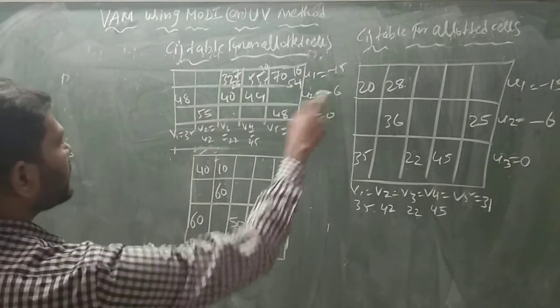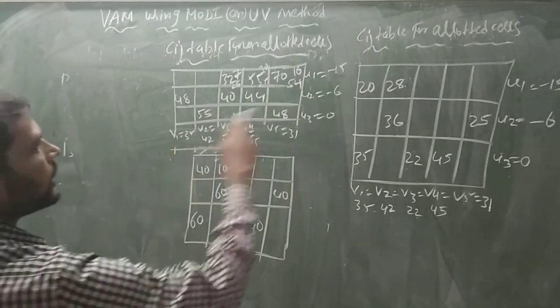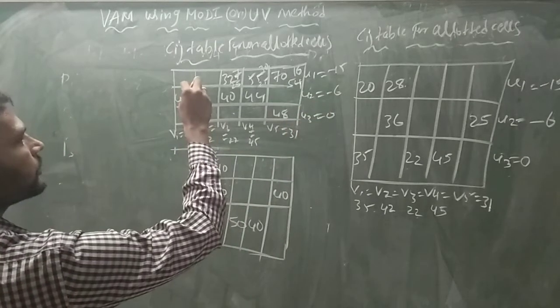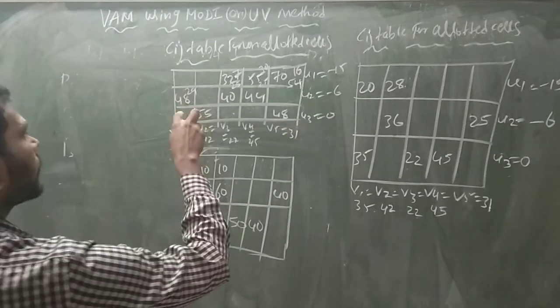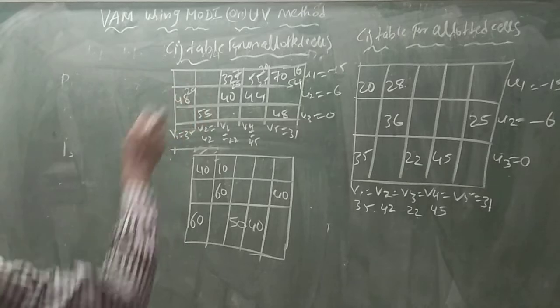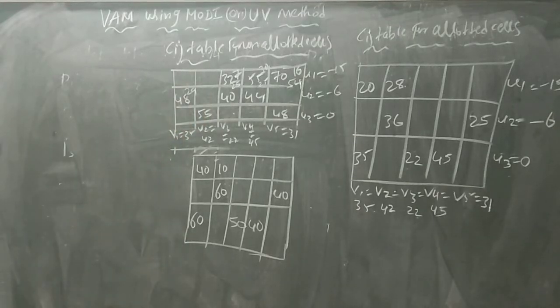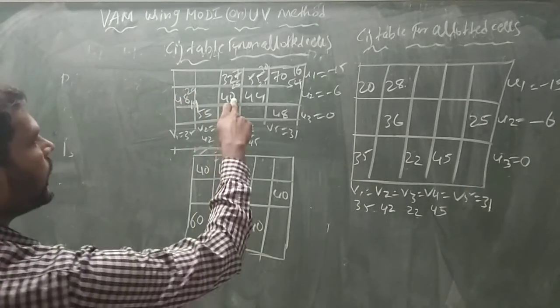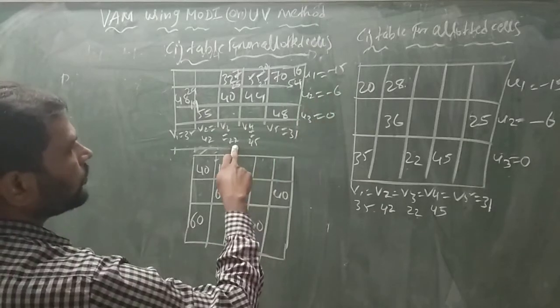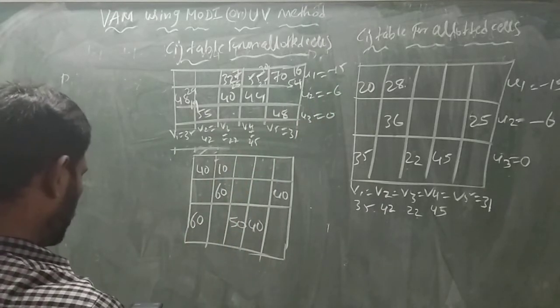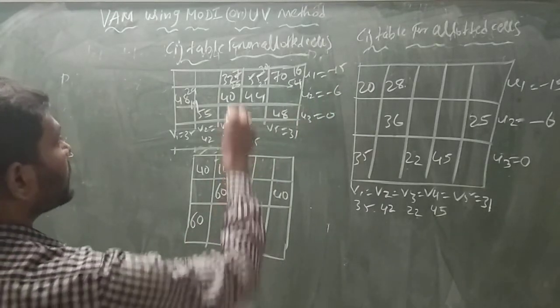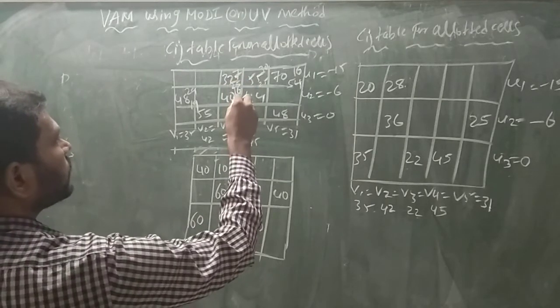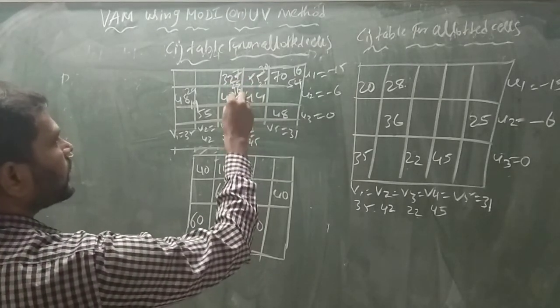Next one is 48. Row is minus 6, column is 35. So 35 minus 6 is 29. 48 minus 29 is 19. Next is 40. In this row minus 6, column 22. 22 minus 6 is 16. 40 minus 16 is 24.